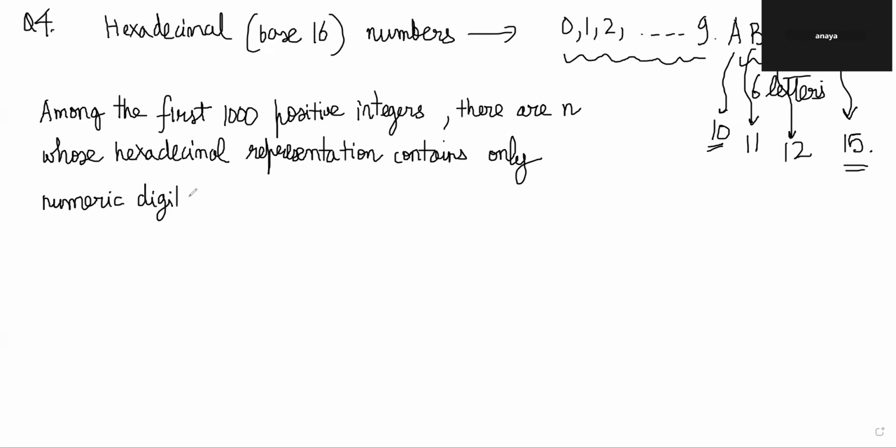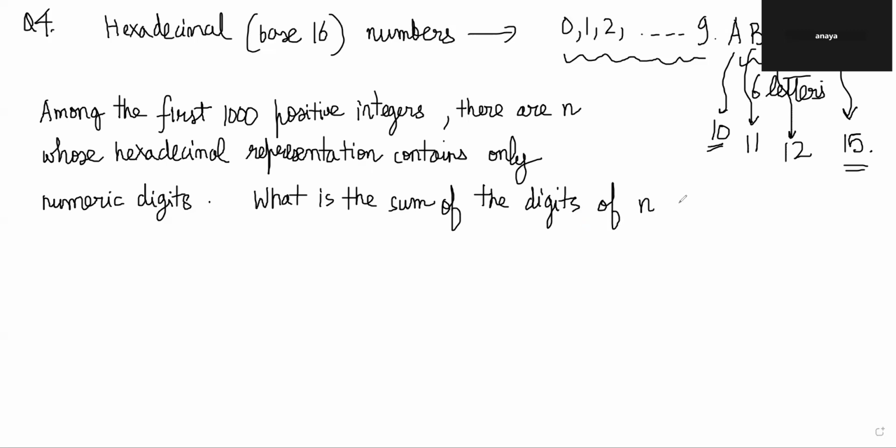Basically, the representation does not have letters. What is the sum of the digits of n? So first of all, you have to count how many hexadecimal numbers you can make which will not use any letters. Once you have counted that, that is your n, find the sum of the digits of n.